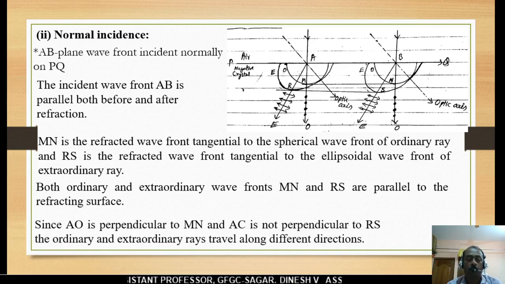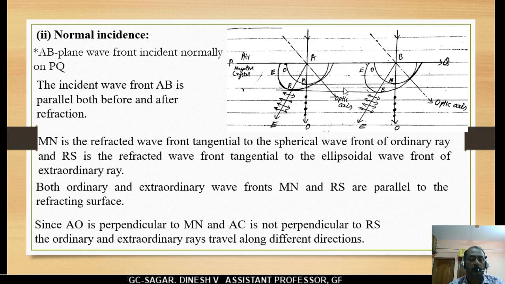Since AO is perpendicular to MN, and AC is not perpendicular to RS, the ordinary and extraordinary rays travel along different directions.